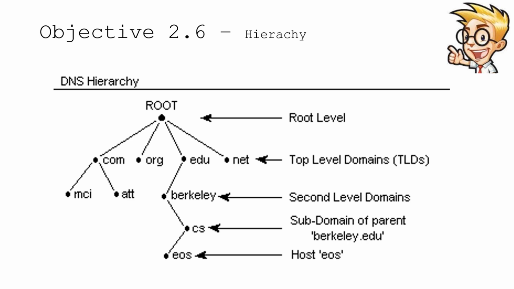In very large organization networks, you might have domain names, for example, Berkeley, and subdomains like CS. Having this hierarchy allows us to configure very specific structure, and this works across every fully qualified domain name on the internet.